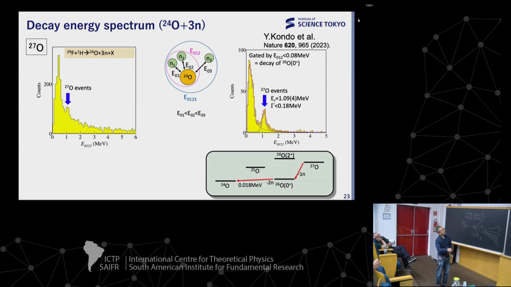Shared like this, and then we select the lowest 2 neutrons. This means that we select the lowest one, and if the lowest one is less than 80 keV, that should be the oxygen 26 ground state, so it can be identified as an oxygen 26 ground state.